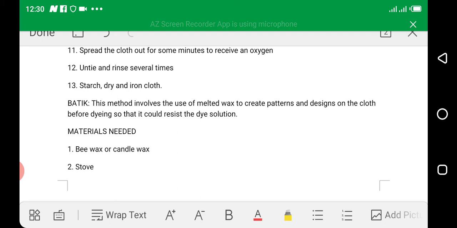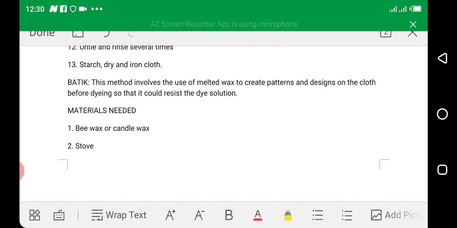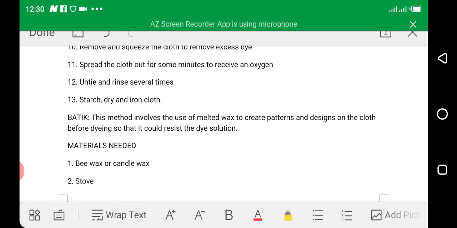For batik, batik is the method that involves the use of melted wax to create pattern and design on the cloth before dyeing so that it could resist the dye solution. Unlike tie and dye, where you can pleat, fold, marble or stitch, for batik, melted wax is used to create designs on it, like the one I did back then in school.